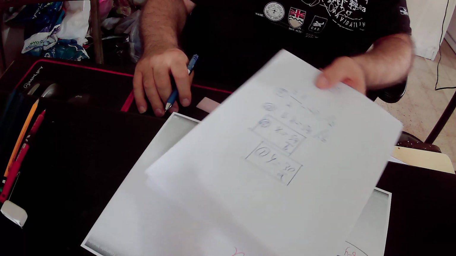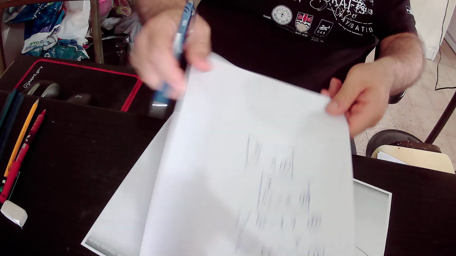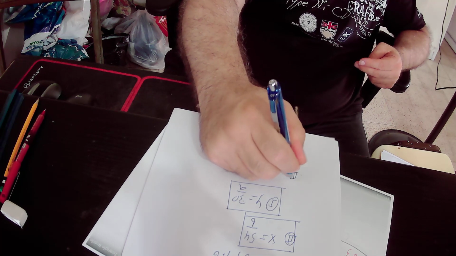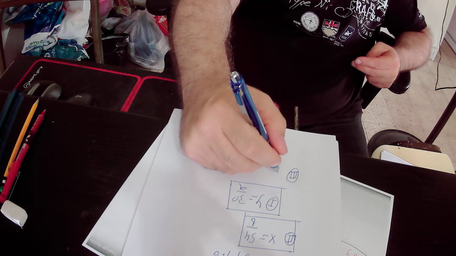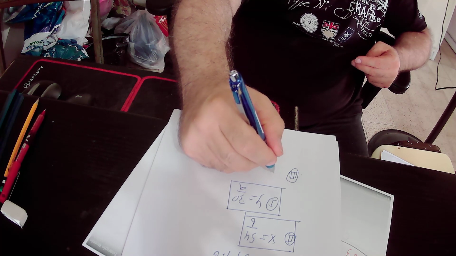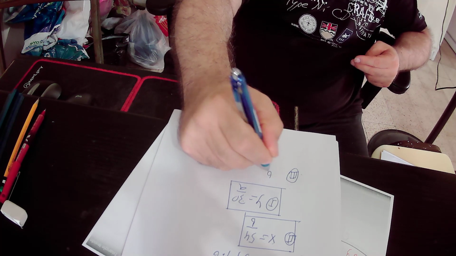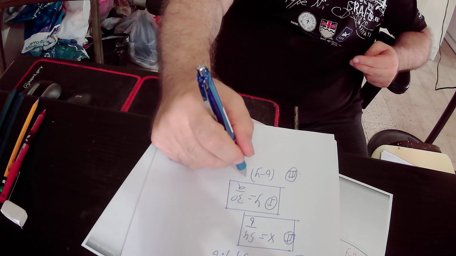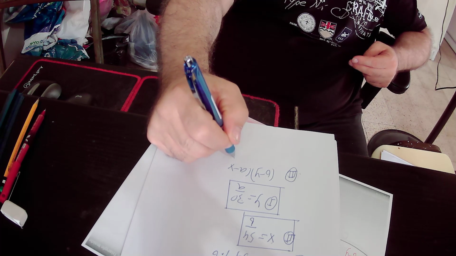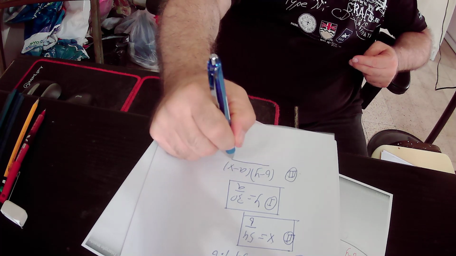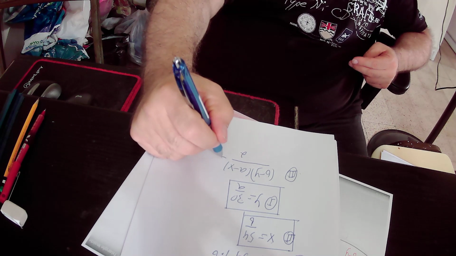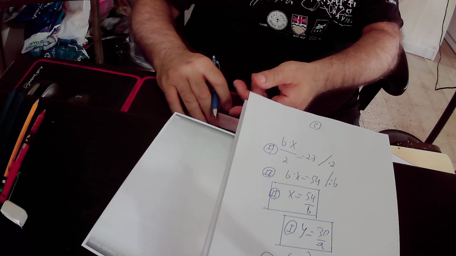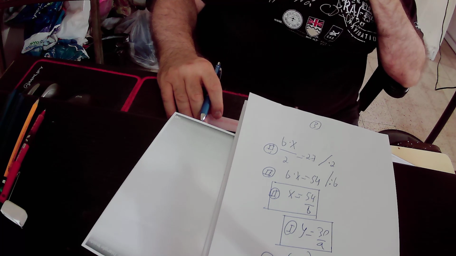So the third equation is b minus y times a minus x divided by 2 equals 12.